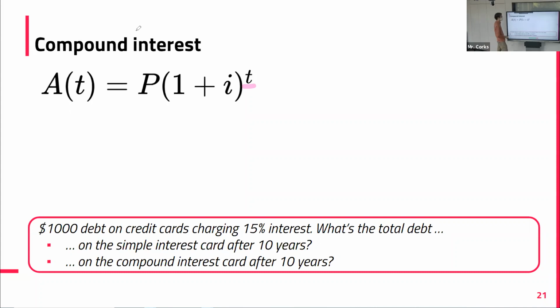Otherwise, same formula. We'll calculate the value of that credit card debt on compound interest after 10 years. So A10, 1,000 times 1 plus 0.15. I'm just going to write 1.15 to the exponent 10.